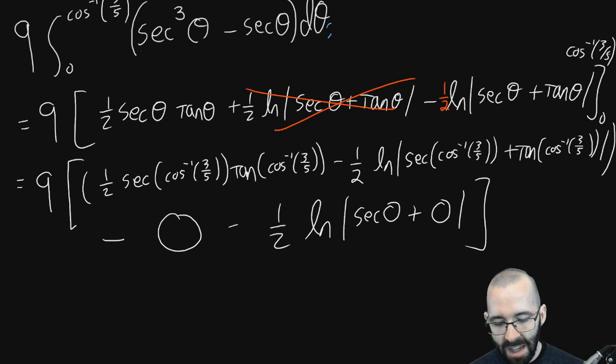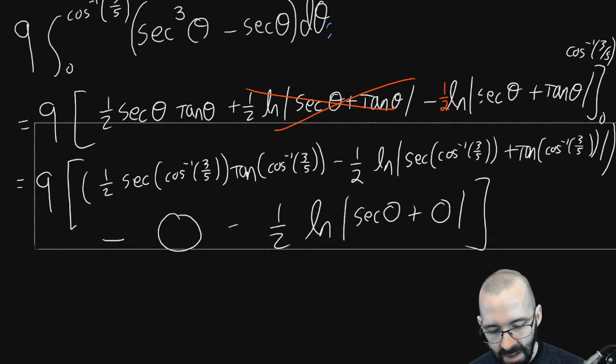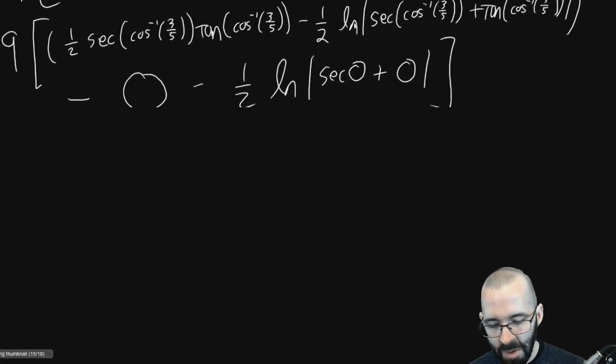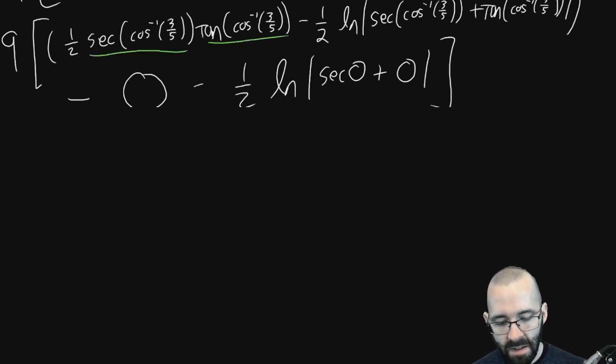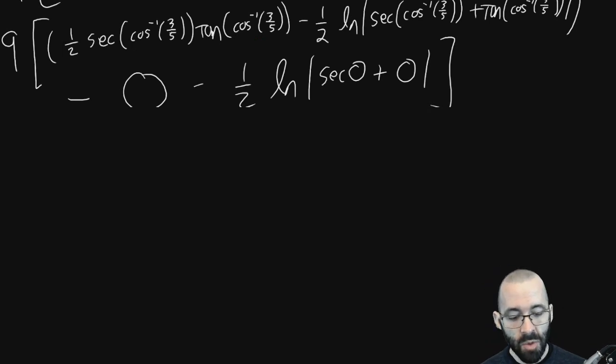Now let's go off to the side. Or hold on, copy this off so we have a little bit more room. Let's figure out what these have to be. We can do some triangles. Secant is actually not too bad.